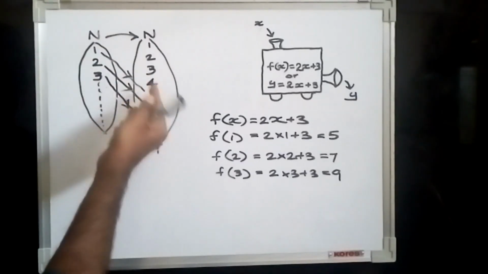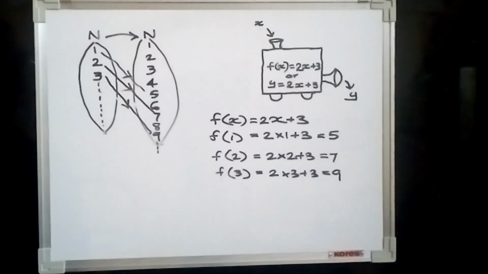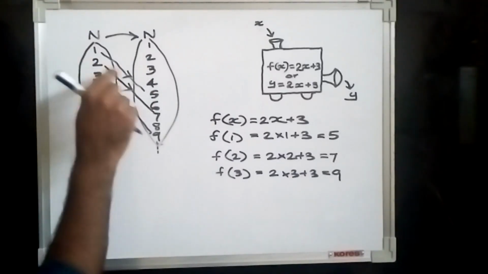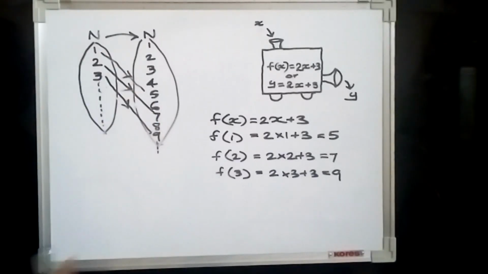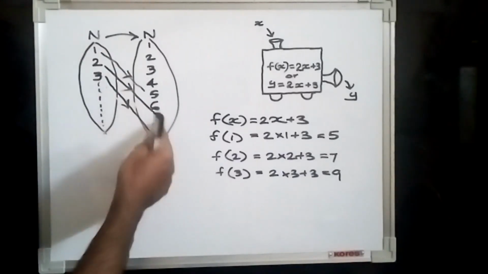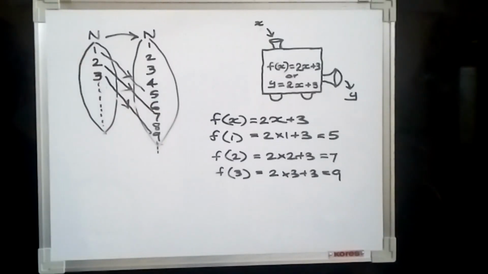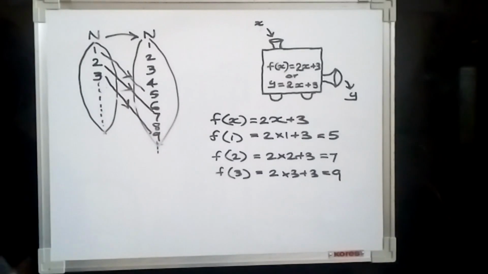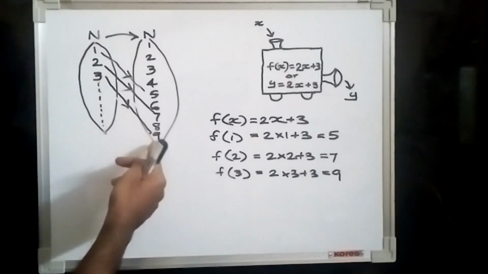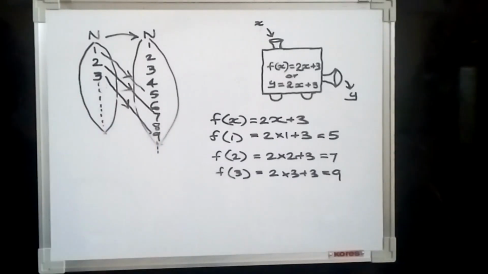When the output is 5, then the input is 1. When the input is 2, the output is 7. And in the reverse order, when the output is 7, the input is 2. And similarly, when the input is 3, the output is 9. And when the output is 9, then the input is 3.